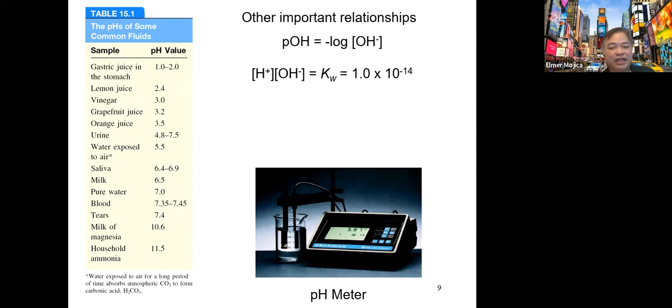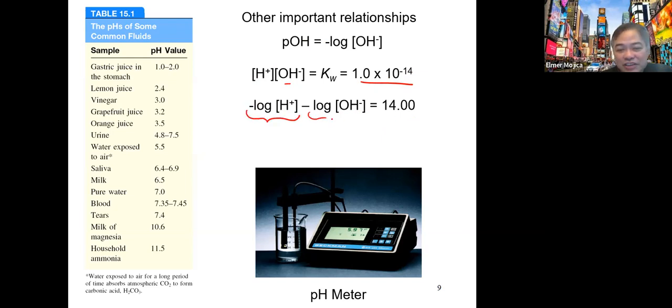And we know from the initial slide, H plus times OH minus will give you a Kw value of 1 times 10 to the negative 14. Paano kapag ginawa natin negative log mga yan? So negative log of H plus minus negative log of OH minus equals 14. And ano yung definition natin ng negative log at negative log nito? It's just the pH and the pOH. So if we add them, that is equal to 14.